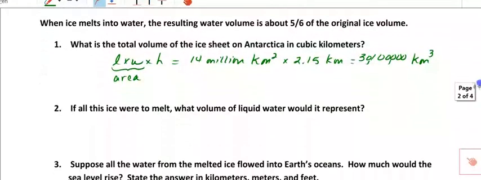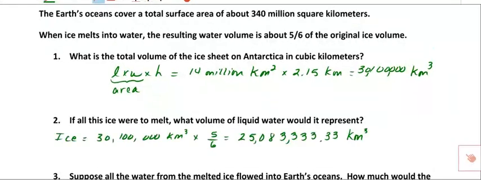Okay, let's look at the second question. Read it and decide what information above you're going to use to answer that question. Well, there's a statement above that says when ice melts into water, the resulting water volume is about 5/6 of the original ice volume. And you've probably seen it with ice. There are air bubbles trapped in it, so it's not 100% solid. So when it melts, it's 5/6 of the original ice volume. Well, if the ice volume is 30,100,000 cubic kilometers, then I would need to figure out 5/6 of that amount to figure out what is the resulting water volume.